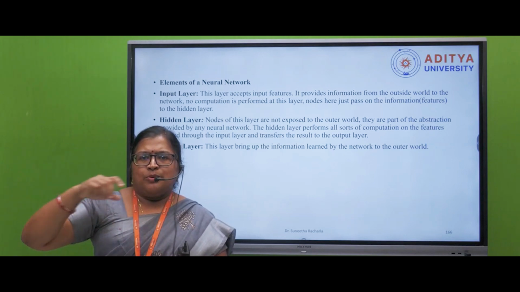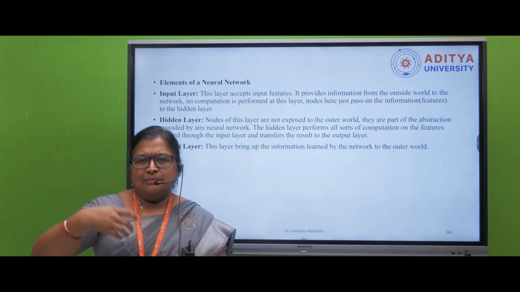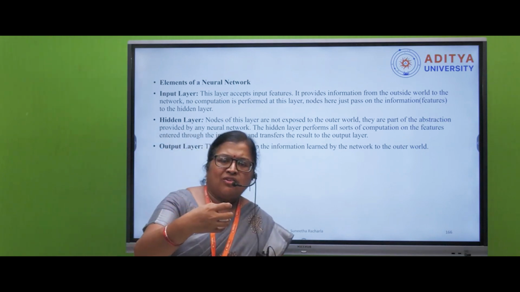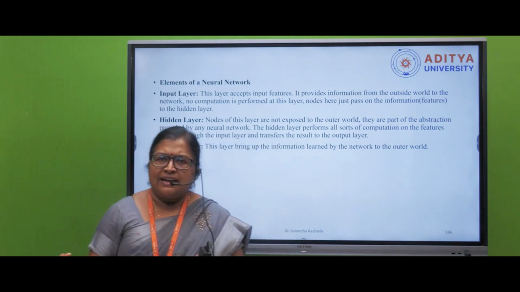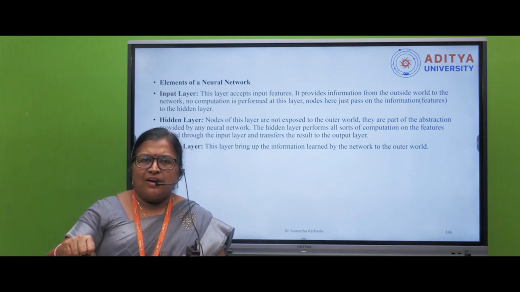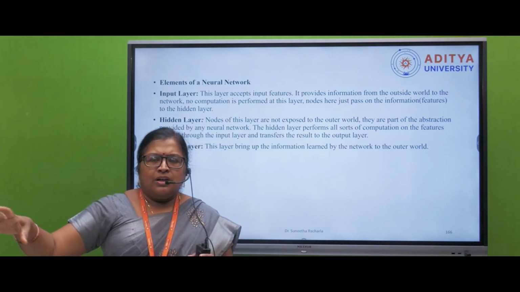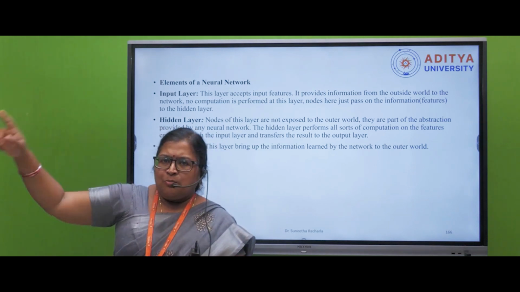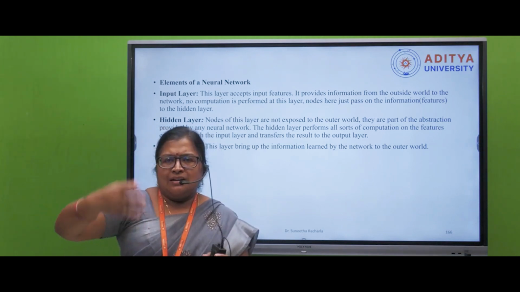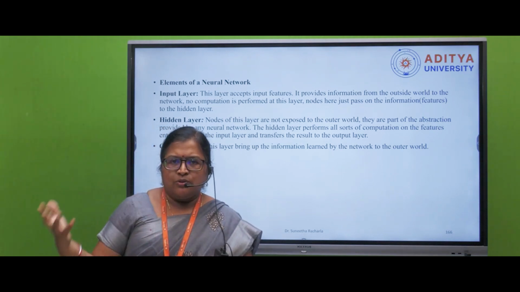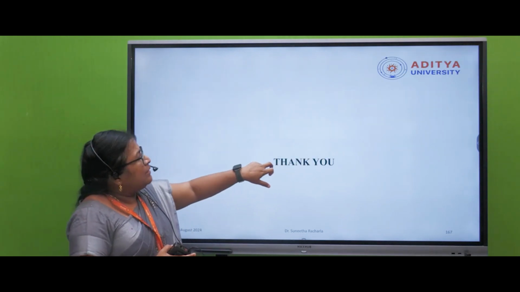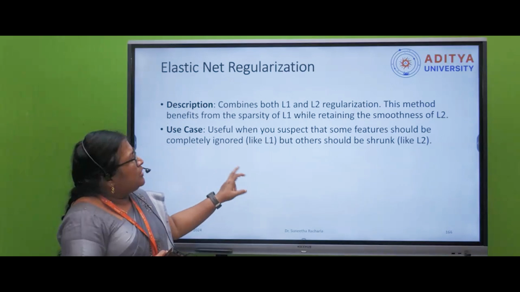And the last one is the output layer. It aggregates or averages all the values coming from the hidden layer and gives the output. In back propagation, the output is sent again to the hidden layer, and the weights are updated according to the output. So these are the main basic building blocks.